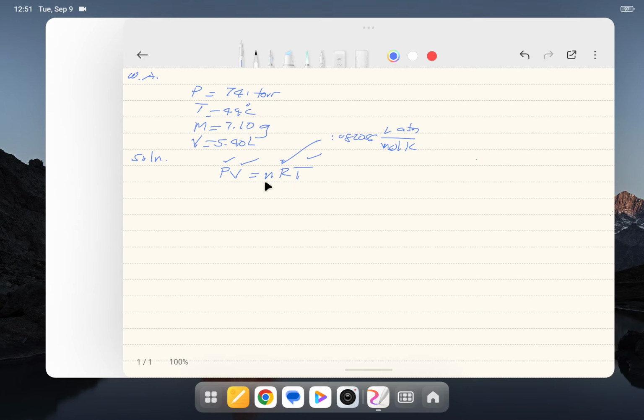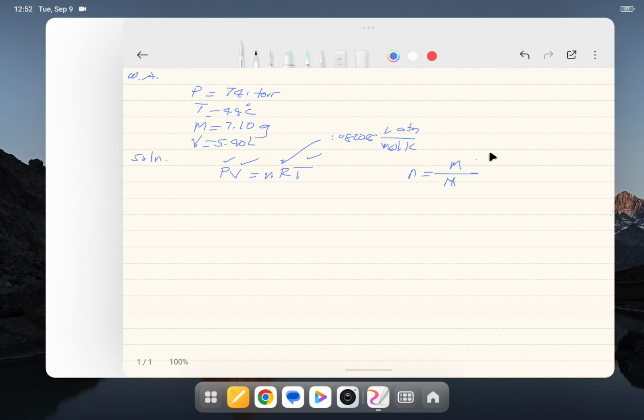So may I solve? I want to have a molar mass. So maybe you can relate molar mass and the number of moles, because your molar mass contains the number of moles. So maybe you can split up the number of moles to be the mass over the molar mass. Sir, how can you say that it is so?